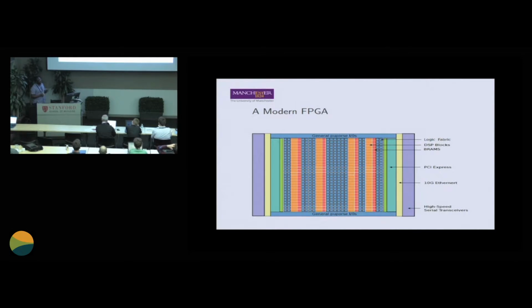If you have a very big or complex digital function, that is how you implement it. FPGAs also have other things on them, like DSP blocks, which are basically multipliers. You have BRAMs, which are basically RAMs distributed all around. You have communication interfaces like PCI Express, Ethernet, and other types of IOs.